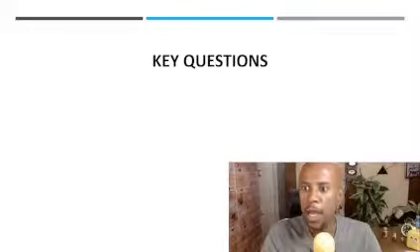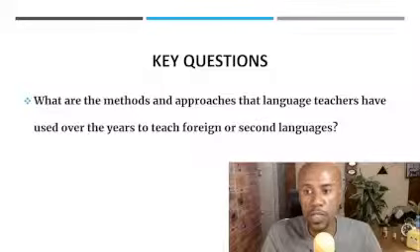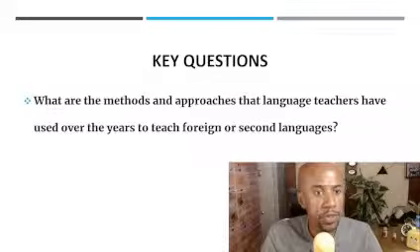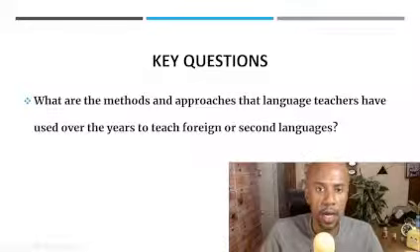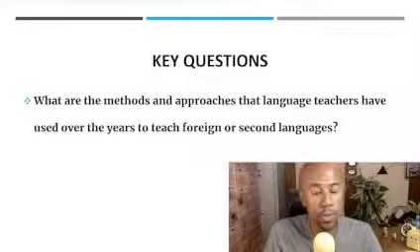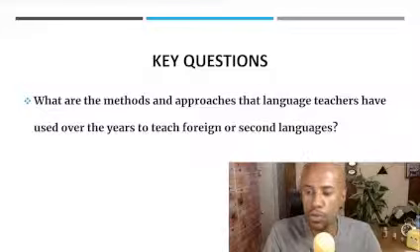So the key questions that we are asking today, and which are going to guide our discussion, there are 3 of them. The first is: what are the methods and approaches that teachers have used over the years to teach foreign or second languages? In this particular part, we are going to go through the history of TFL or TESOL.